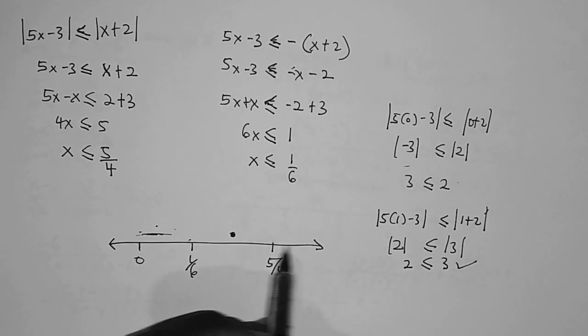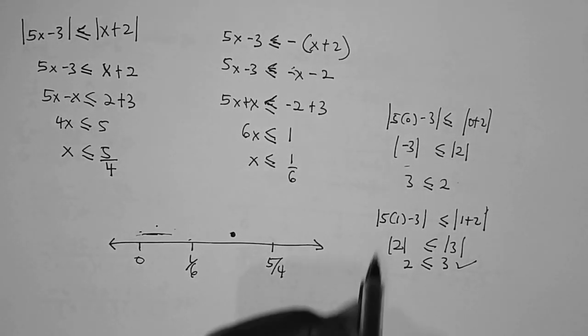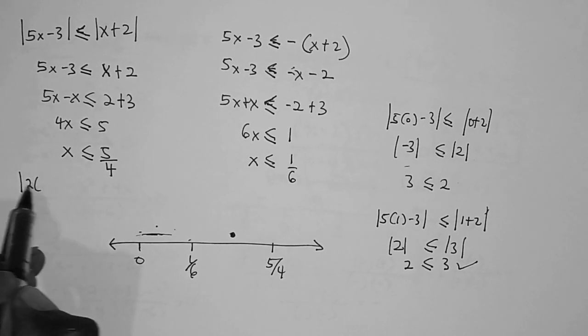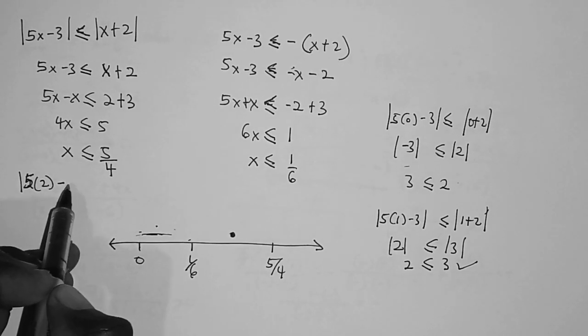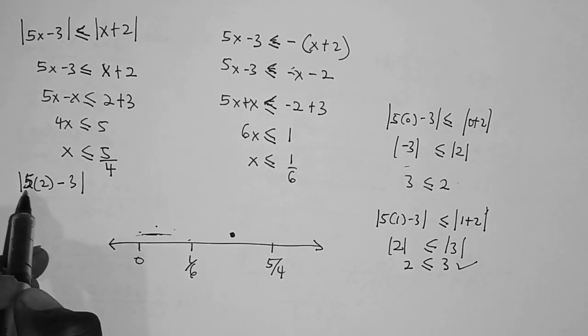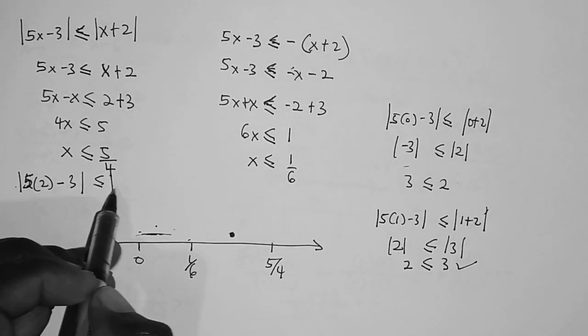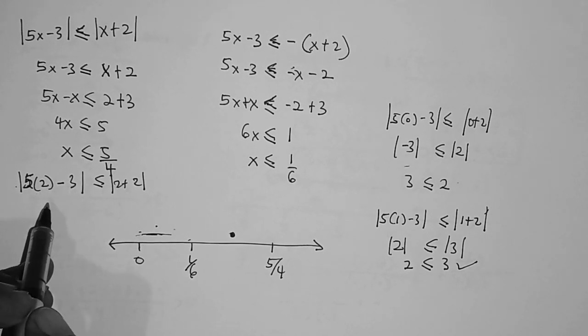Now let's test for values greater than 5 over 4. For example, 2. So if we put 2 in that equation, it becomes absolute value of 5 times 2 minus 3 less than or equal to absolute value of 2 plus 2. 5 times 2 is 10. 10 minus 3 is 7.